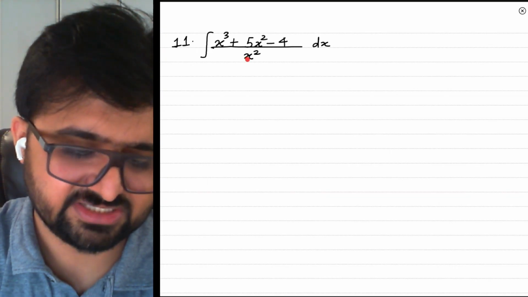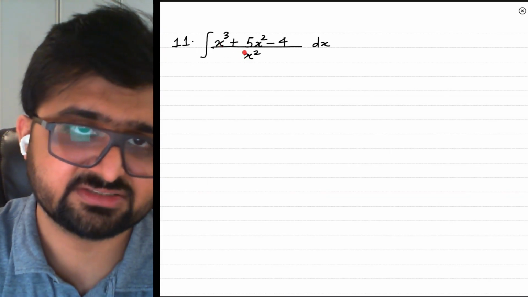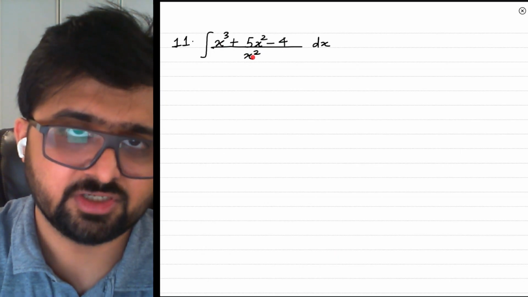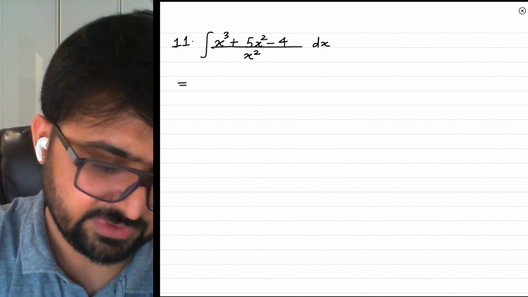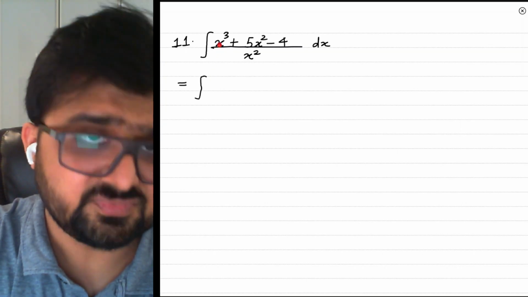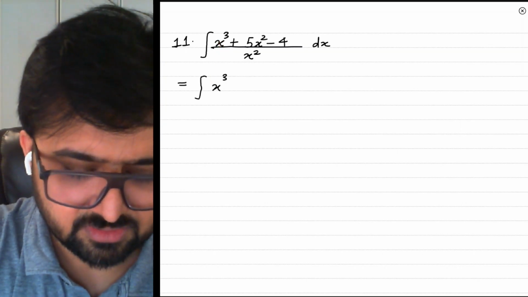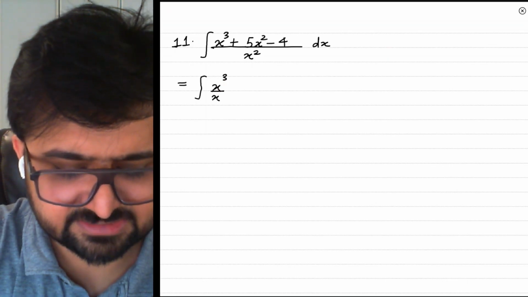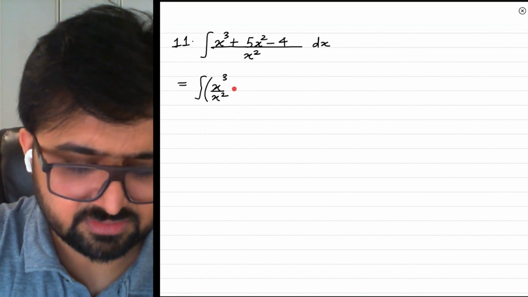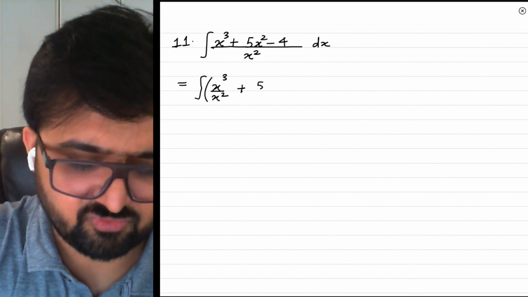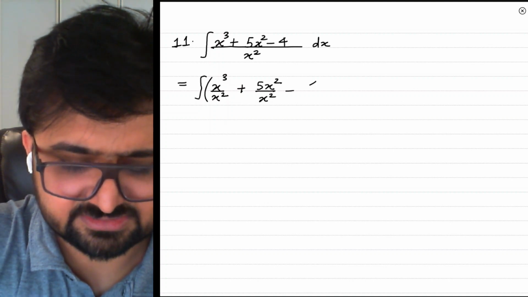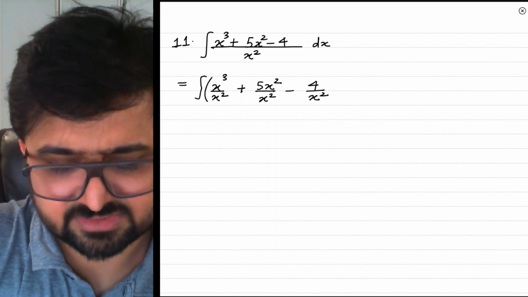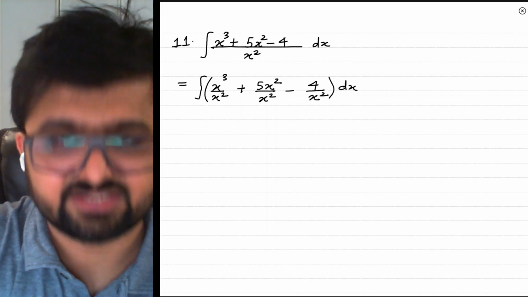In this case, you can just simply split this x squared in all the terms. To simplify this, split this x squared in all the terms. So it will look like equals x cubed over x squared plus 5x squared over x squared minus 4 over x squared dx.